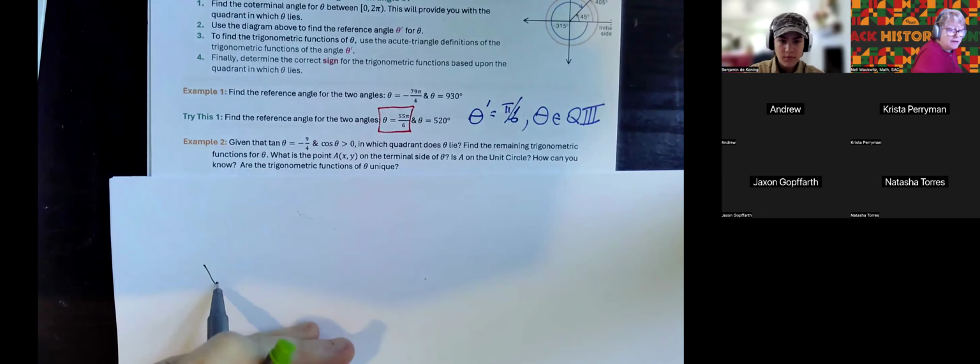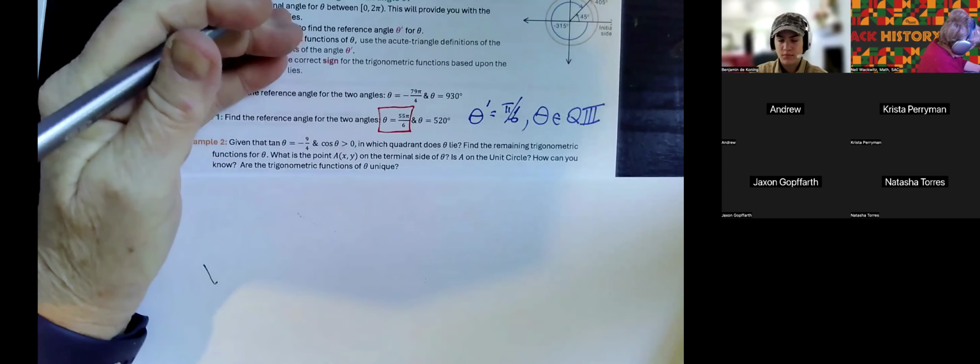And let's look at example 2. If we're given one value and the sign of another value, how do we go about finding the other trig functions?